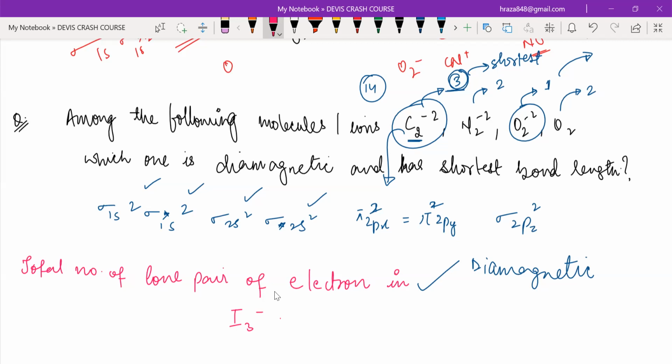I made a mistake. Total number of lone pairs on I3 minus.